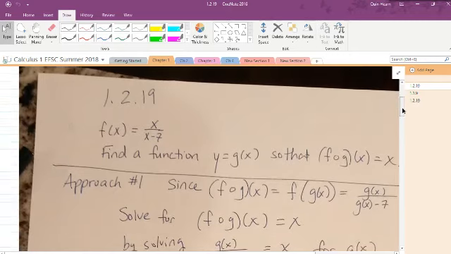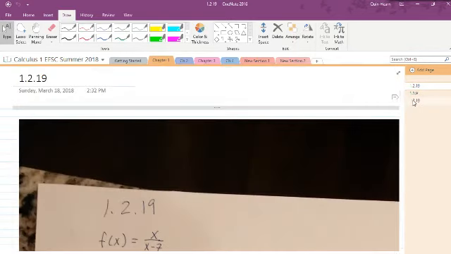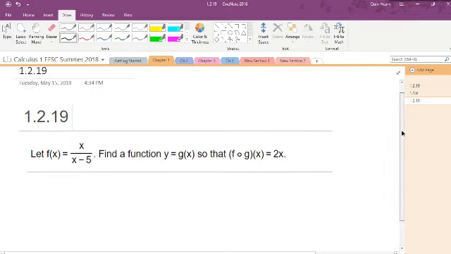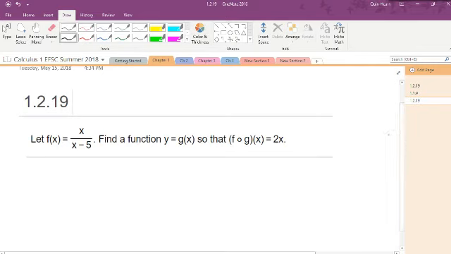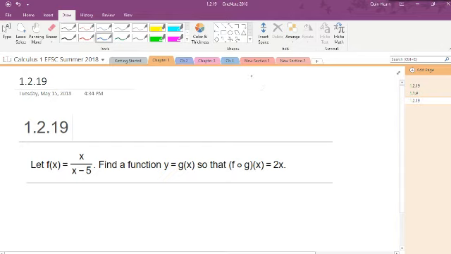Okay, so yeah, one approach that we can try is, well, let me show you. Okay, so before we actually work this problem, I want to make sure everybody's on the same page about what composition of functions is. So, for example, let me go off to the side here.